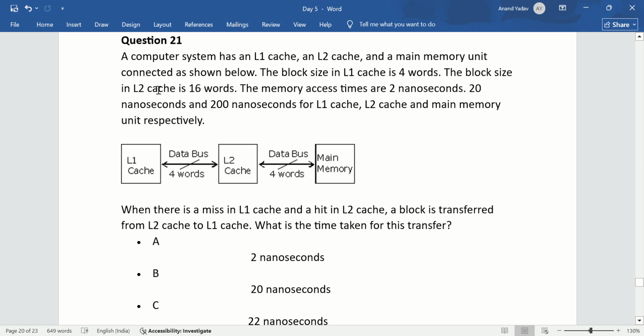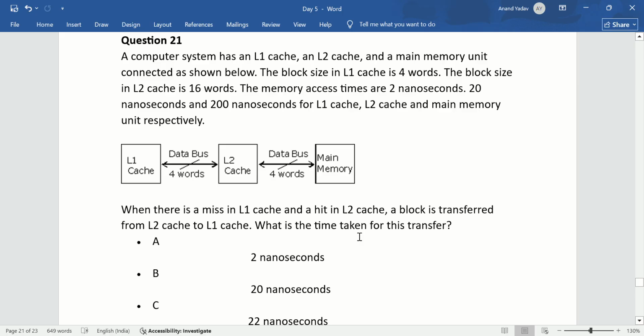Now the next one: a computer system has an L1 cache, L2 cache and main memory unit connected. The block size in L1 cache is 4 words, and the block size in L2 cache is 16 words. The access times are 2 nanoseconds, 20 nanoseconds and 200 nanoseconds for L1, L2 and main memory. Consider a miss in L1 cache and a hit in L2 cache, with a block transfer from L2 cache to L1 cache. What is the time taken?